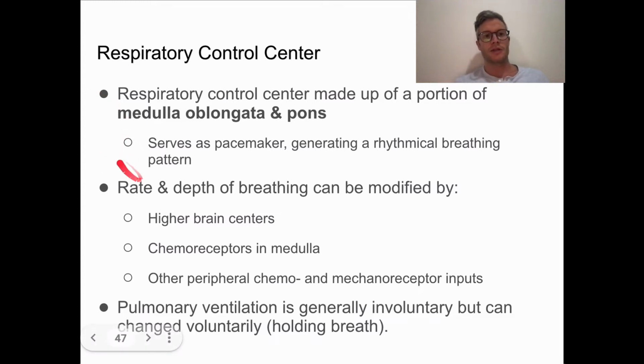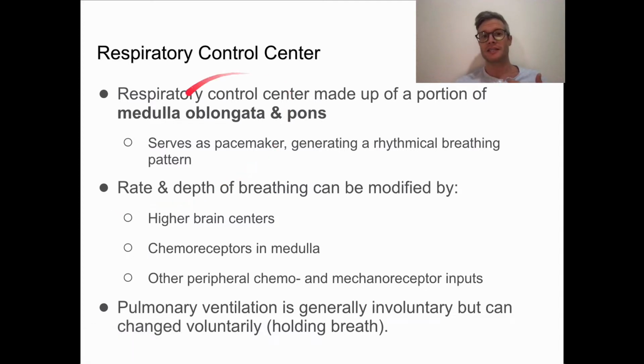And one of the things that this also does is act as a pacemaker. So if you think of your SA node and AV nodes in your heart, when we went through the cardiovascular pacemakers, this is the region where we have our pacemakers for the rhythmic breathing that we have. Now, as we know, because we've done this ourselves throughout different parts of our lives, we can control the rate at which we breathe.